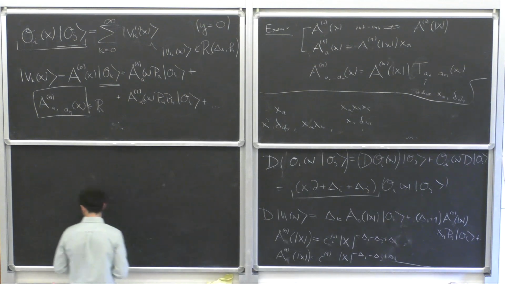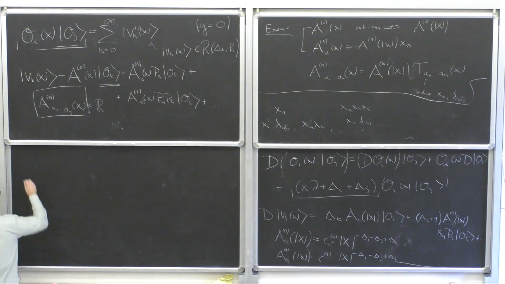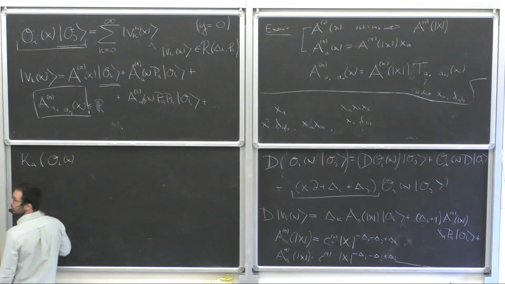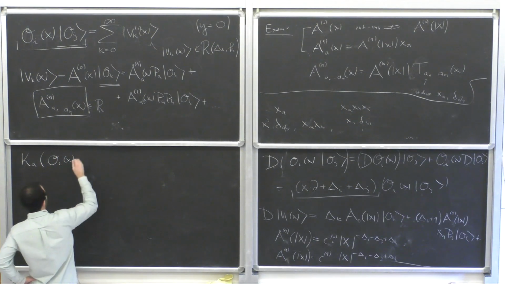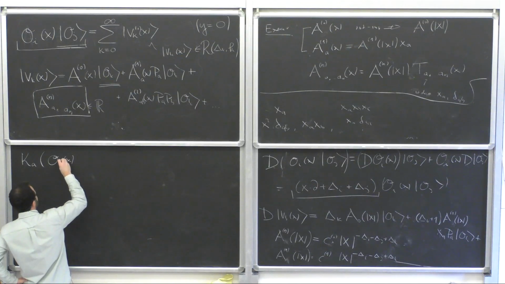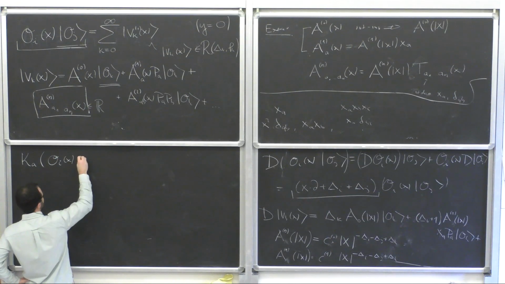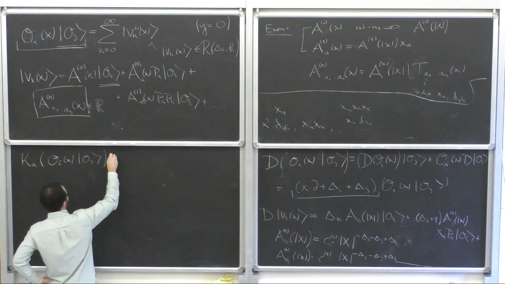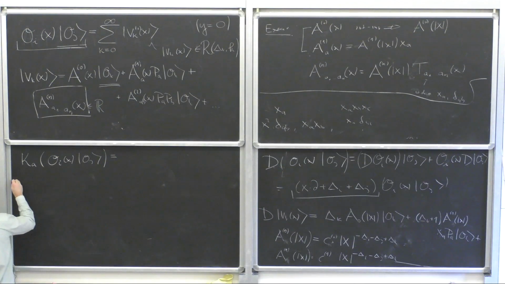So let's actually do it explicitly this time. Let's act with Ka on both sides. When Ka acts on the first term, we have this differential operator.